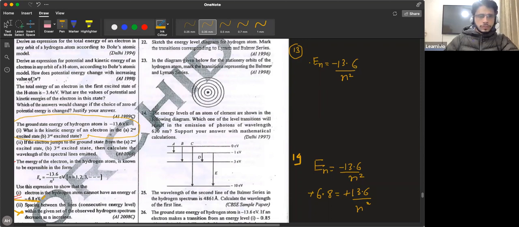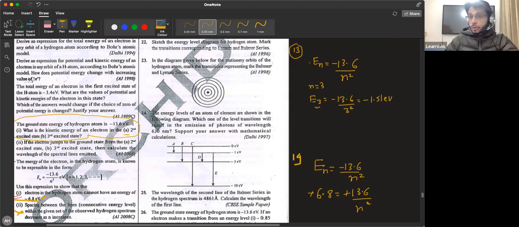It's asking about the second excited state. Second excited state means n is equal to 3. When you put n equal to 3, you get E3 is minus 13.6 by 3 square. When you divide it, it comes out to be minus 1.51 electron volt.